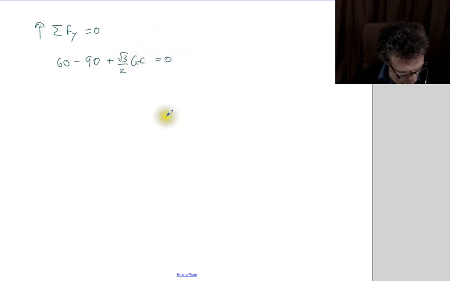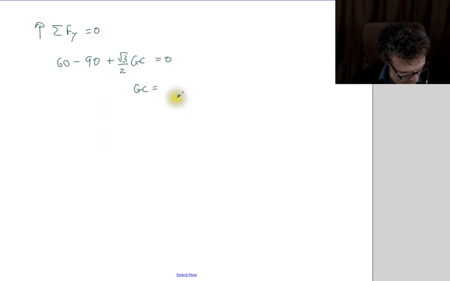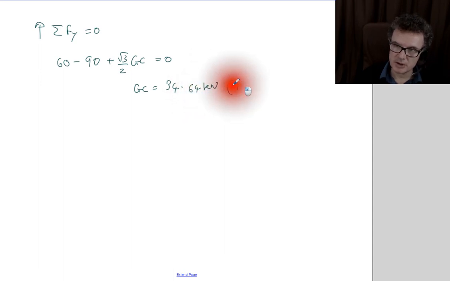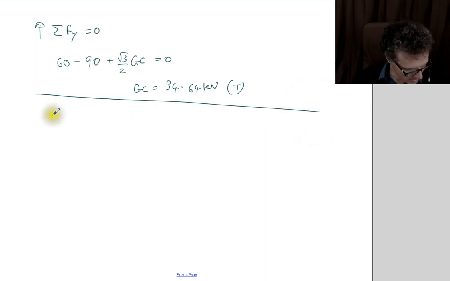So you can rearrange that, and you'll put that in your calculator, and you should find that GC equals 34.64 kilonewtons in tension.